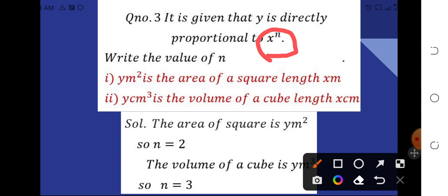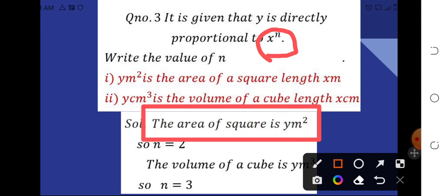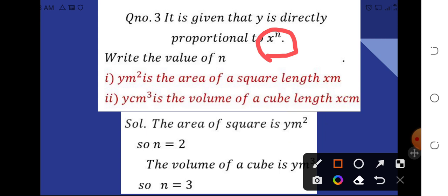The solution: the area of a square is y m square, so n is equal to 2, because the area has a square. n is the power, so n is equal to 2. This is the answer of part 1.